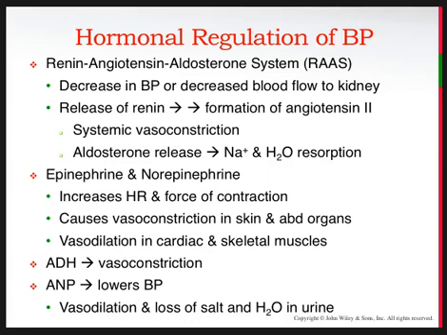The other thing that epi and norepi are going to do is cause a vasoconstriction to those vessels in the skin and the abdominal organs. We're going to move that blood flow away from the skin and the abdominal organs and redirect it to the more vital organs for an emergency sort of situation. Specifically, we're going to see vasodilation in the cardiac and the skeletal muscles.